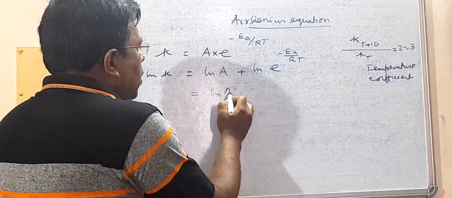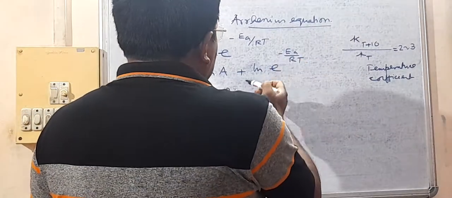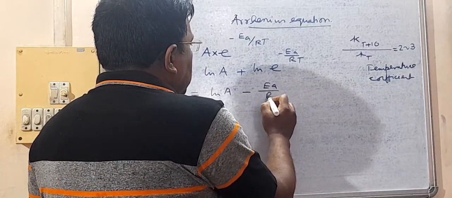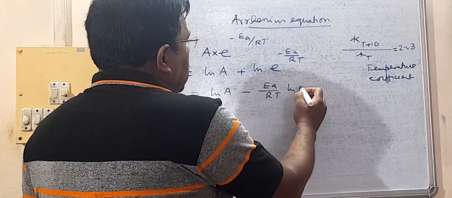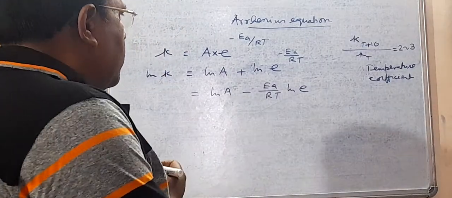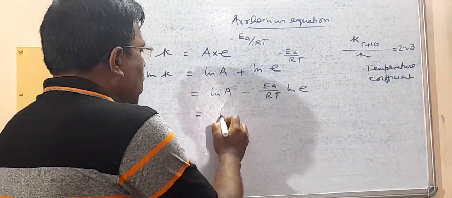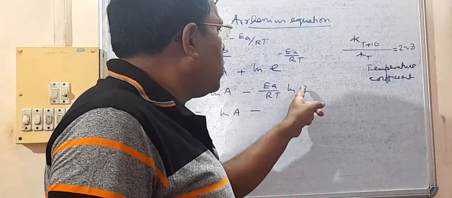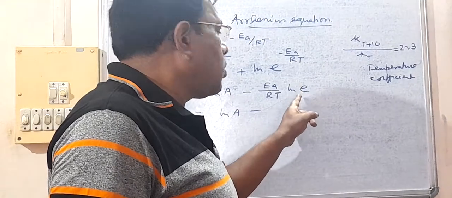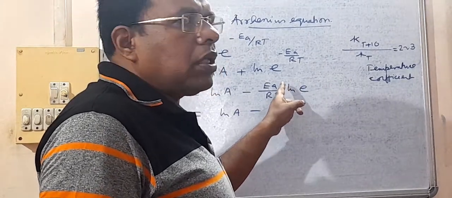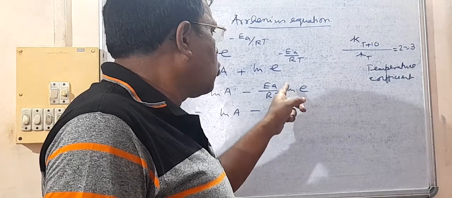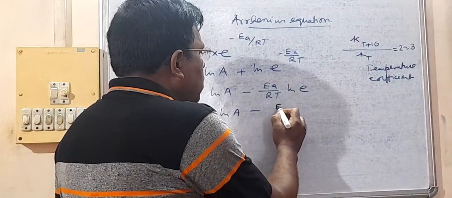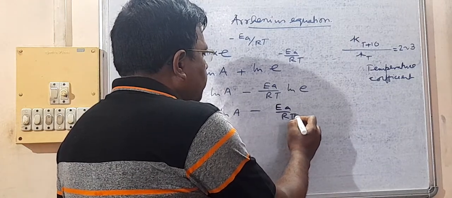Further, the power gets multiplied: ln A minus Ea by RT times ln e. Now ln e is to the base e, and its value will be 1. So it will be minus Ea by RT.